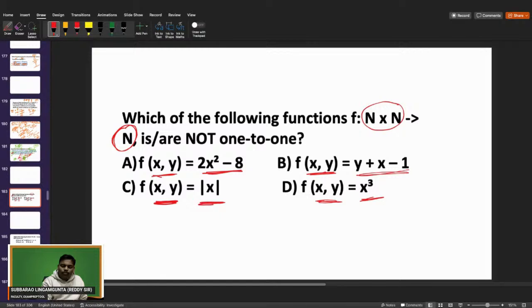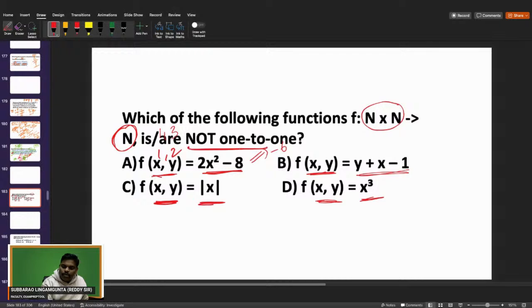So if I give f of 1 comma 2, x is 1, y is 2, with 2x square minus 8, 2 into 1 square is 2, 2 minus 8 is minus 6. If I give 1 comma 3, then also minus 6 will come.